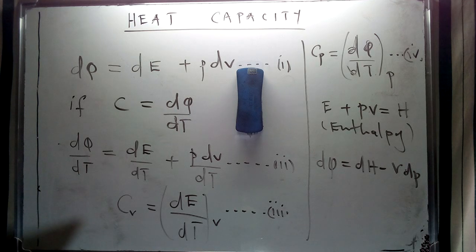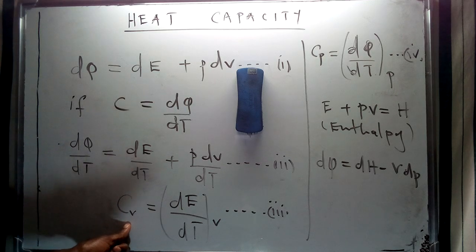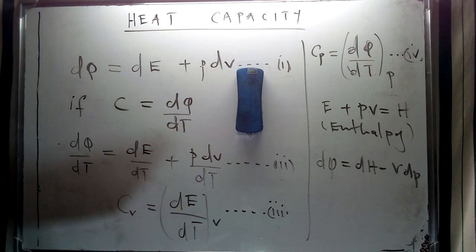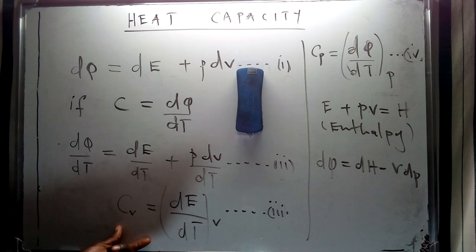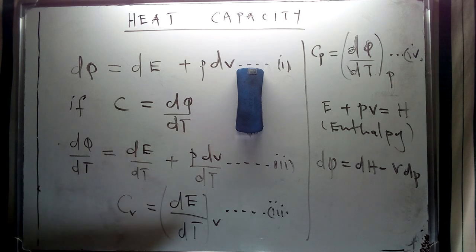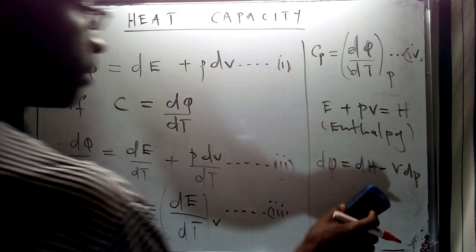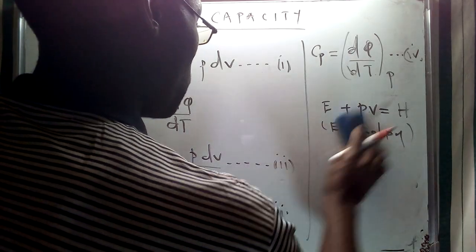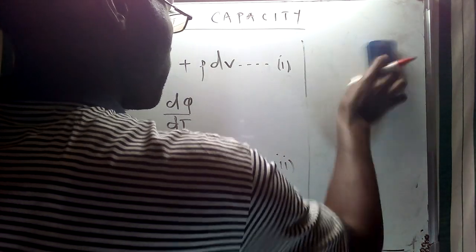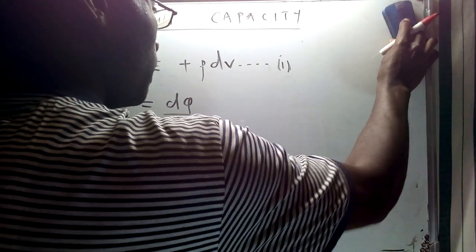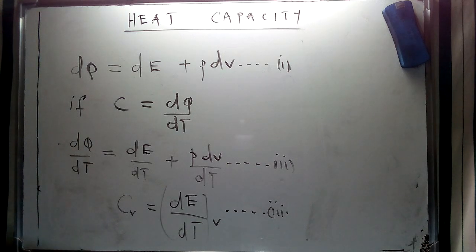So what are the implications of these equations? The ratio between these two heat capacities, at constant volume and pressure of this particular system, is going to give us a particular ratio which we are going to consider in the gas laws. It is applicable for monoatomic gases, diatomic gases and perhaps triatomic gases, but we're going to consider monoatomic and diatomic gases respectively.